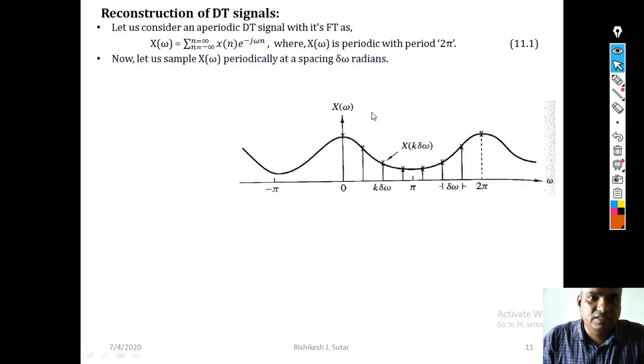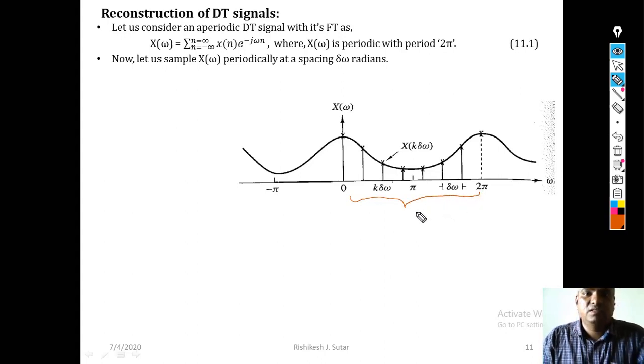Now let us sample this x of omega periodically at a spacing of delta omega radian. So we'll consider x of omega, let us consider this is the x of omega for my reference, and I am sampling it at a spacing of delta omega. And you consider here that its period is 2 pi. If its period is 2 pi, means this is from this point to this point.